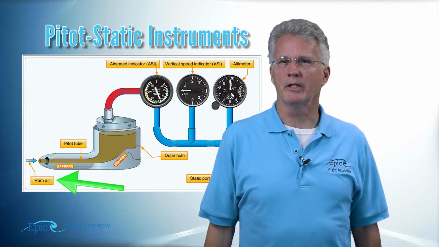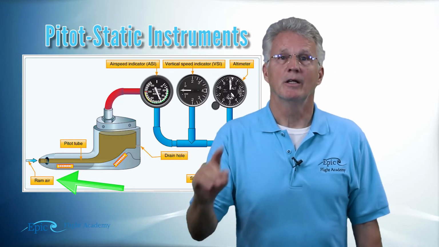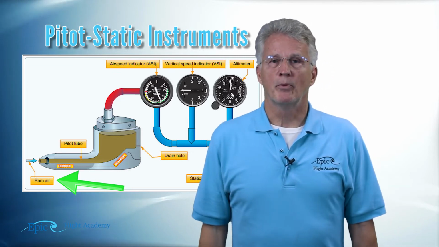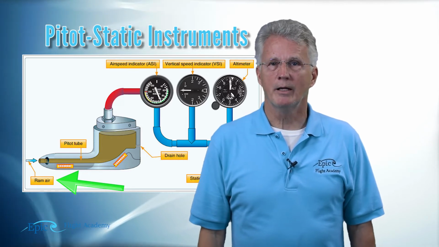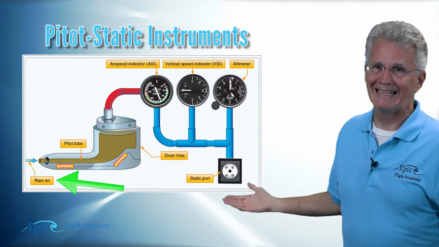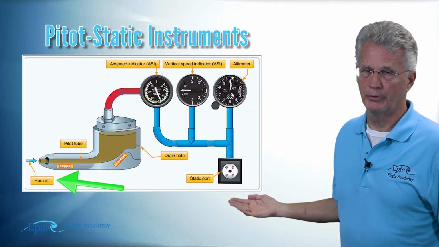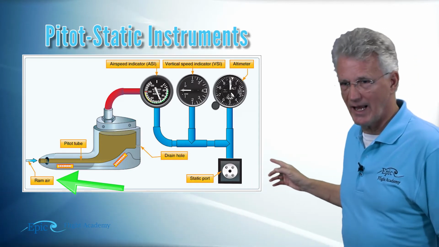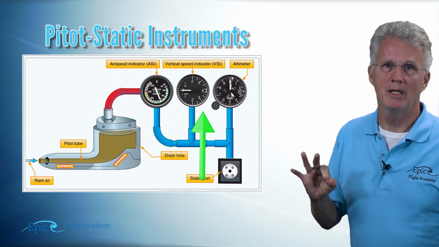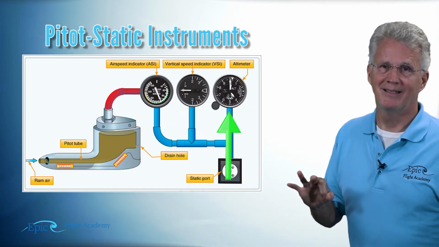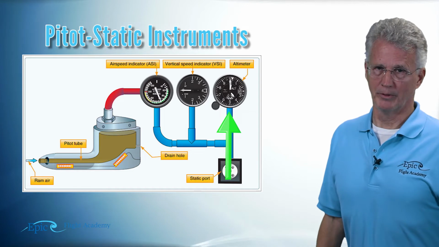We're going to talk about each of these 3 instruments in detail. But before we do, I want you to notice something else. Our diagram shows the static air system in blue. And notice that static air runs to each of the 3 instruments in the pitot-static system.